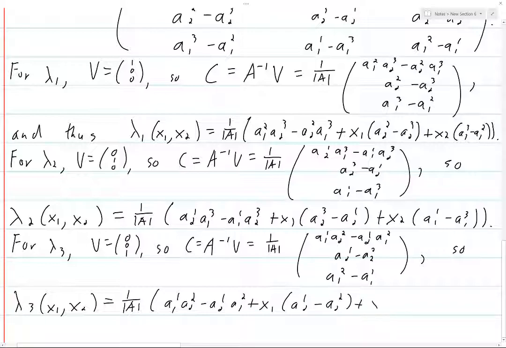Then x2 will have coefficient A12 minus A11. Alright, so we found lambda 1 and lambda 2 and lambda 3, and that's what we wanted to find, and so we are now done with the exercise.